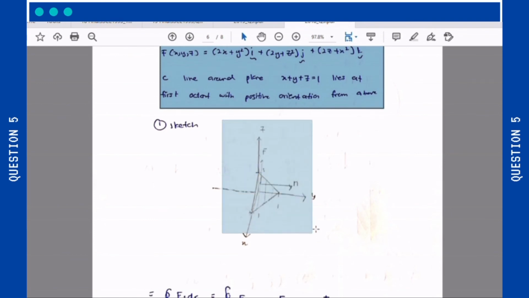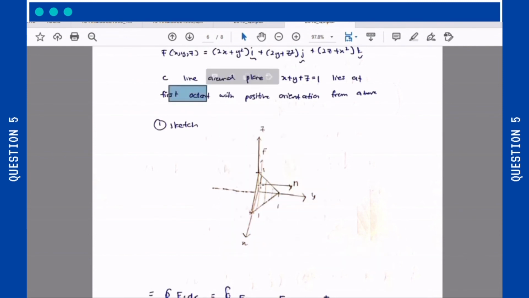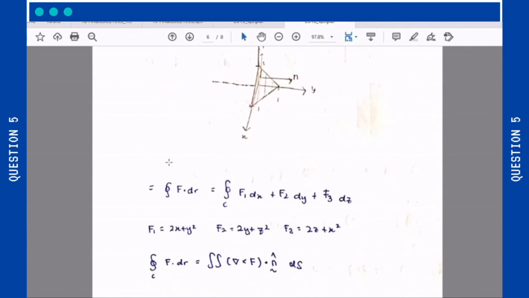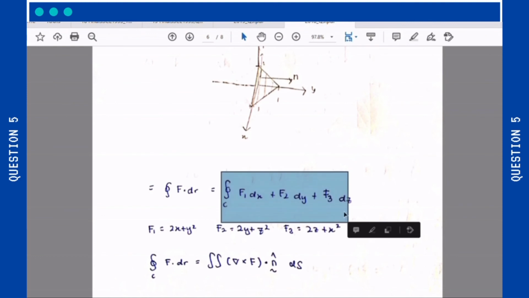Next, you sketch the region. Since the region is bounded by the first octant, it will look like this, and n is on the positive side.